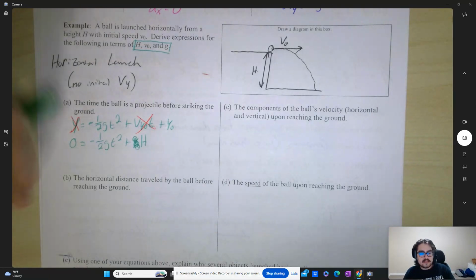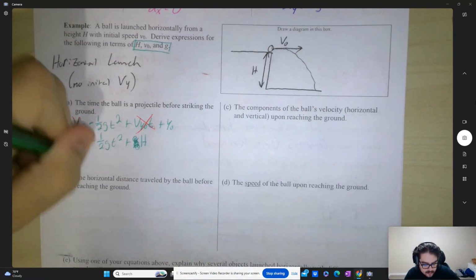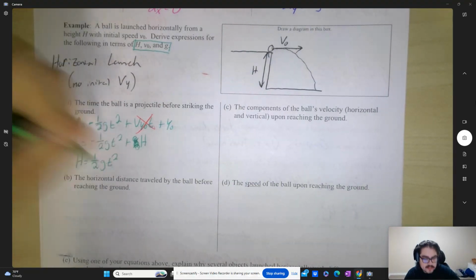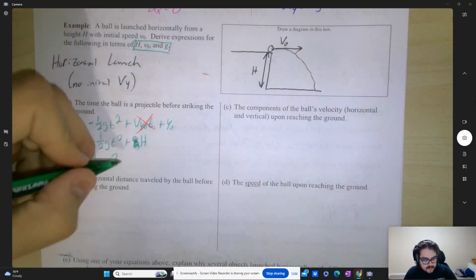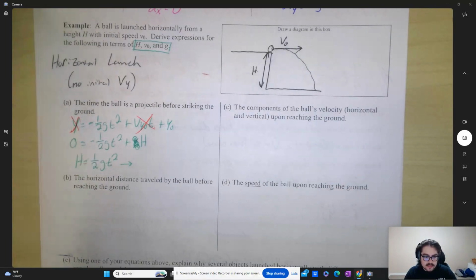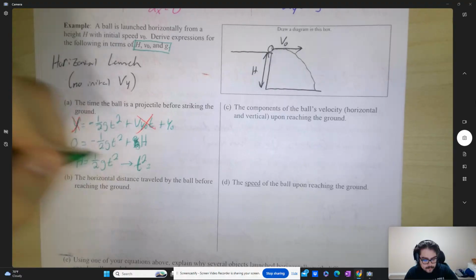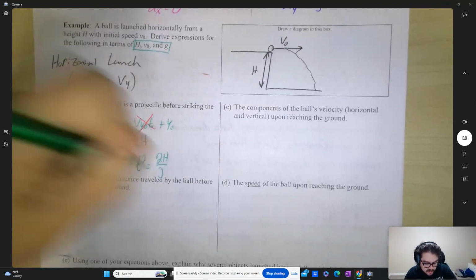If you take this expression and move the 1/2 gt squared to the other side, you get h equals 1/2 gt squared. That's a general free fall equation, which is really good to know. Then if you get t by itself, you get t squared equals 2h over g.